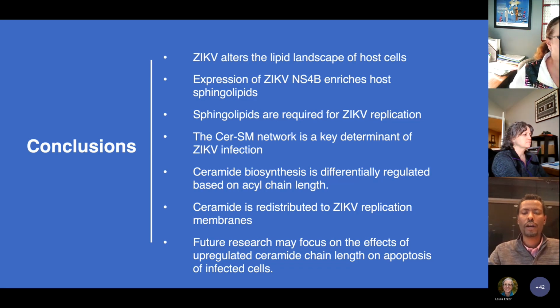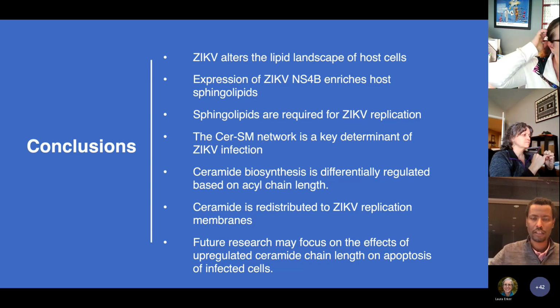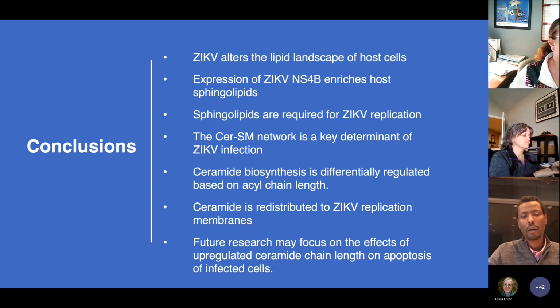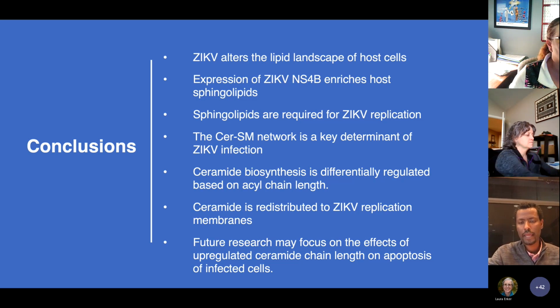An expression of Zika virus NS4B enriched host sphingolipids, and we think that NS4B is the prime candidate responsible for remodeling the landscape of the host lipidome. And then we also showed that sphingolipids are required for Zika virus replication. And we think that the ceramide sphingomyelin network is a key determinant of Zika virus infection.